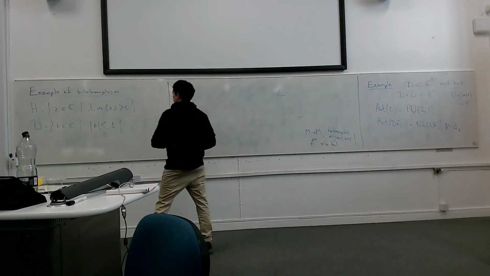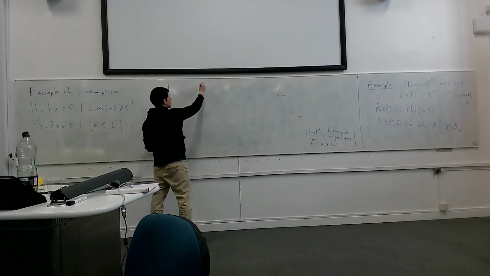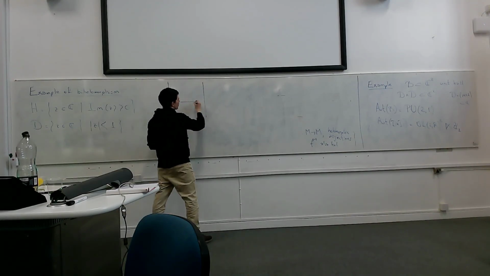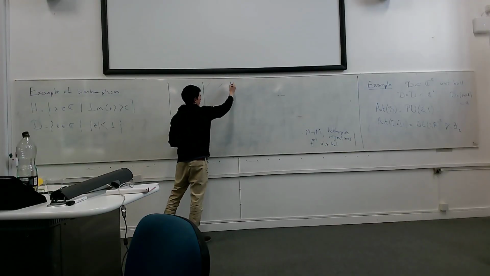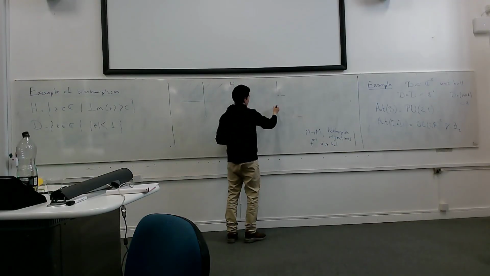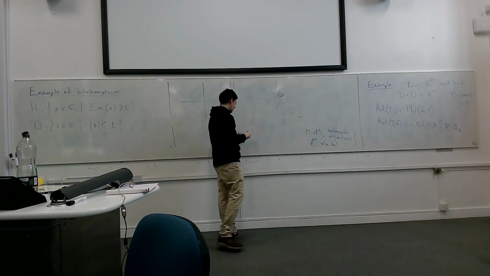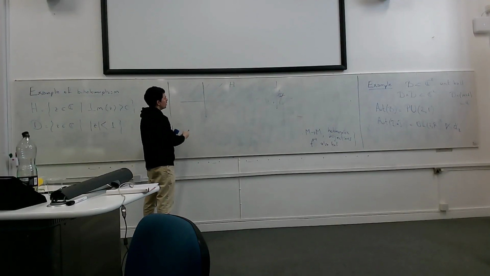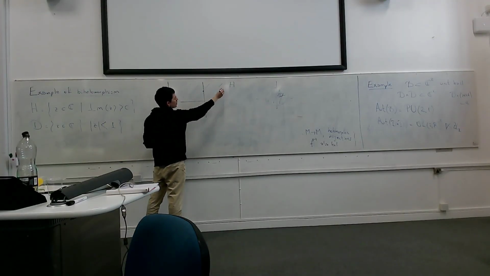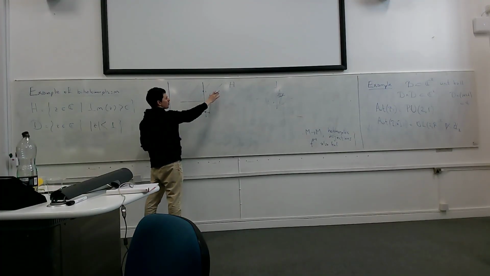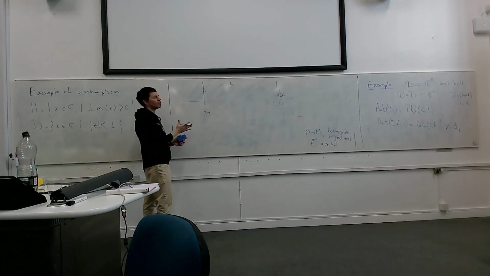So this is the upper half plane, H, and then you have the disk here. What is the upper half plane? Well, you have i and minus i, and the upper half plane is the set of points which are closer to i than minus i.